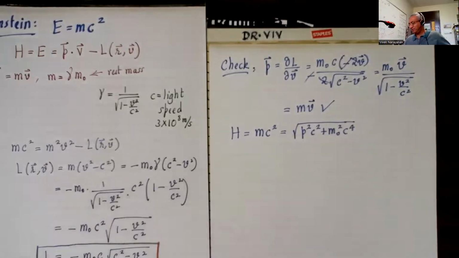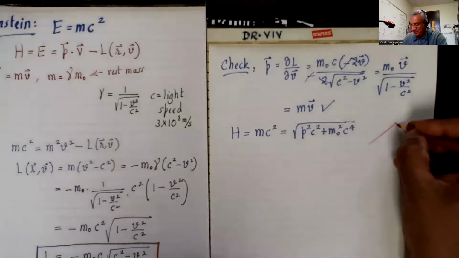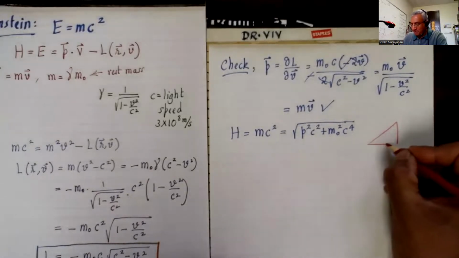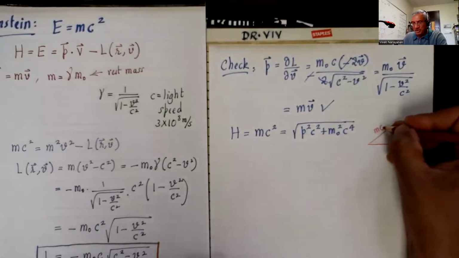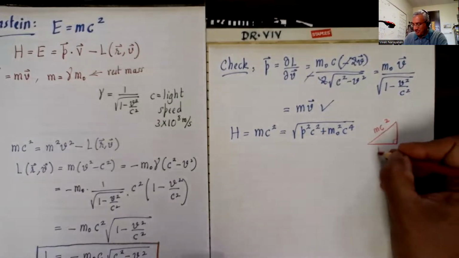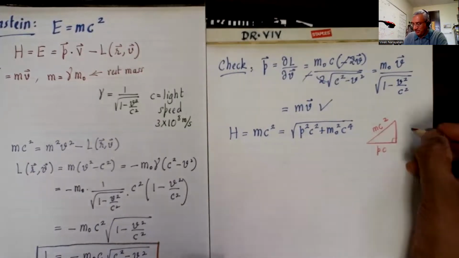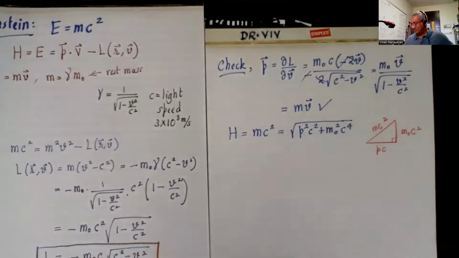I believe physics students are fond of writing a right angle triangle to remember this rule. So you have mc squared on the hypotenuse, and then pc on this side, and m naught c squared on this side. So it's like a Pythagorean theorem for relativity.